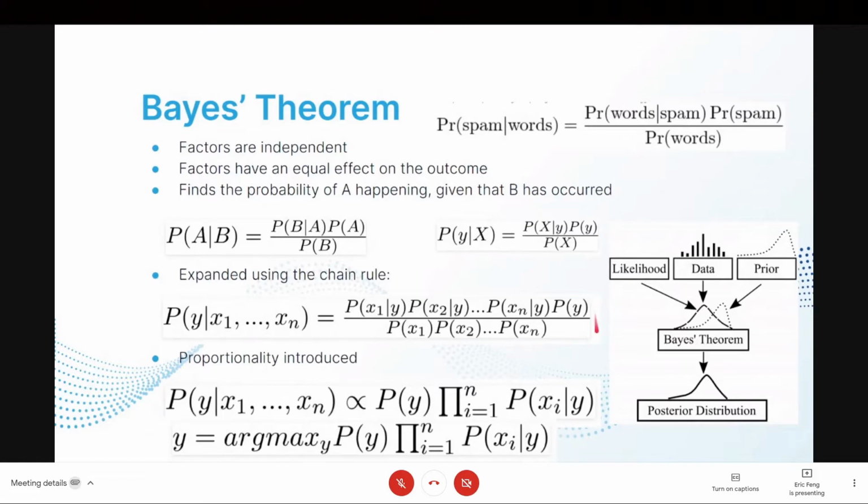Well, they are calculated using this structure. The likelihood, in addition to the data, which can be words from a new email, plus the prior distribution, are culminated in Bayes' theorem and update the prior distribution to form this posterior distribution. This is basically how Bayes' theorem learns. This is how it updates its probabilities, and this is really the backbone of Bayesian probability.